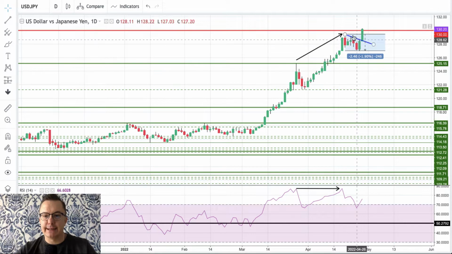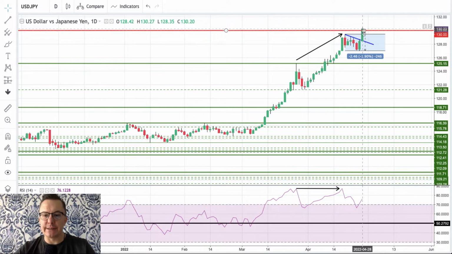That was yesterday, and then today breakout above short-term trend line and towards the level 130 round level. This level is of course now the highest level on the chart in years. 130.27 is the higher high here on the US dollar to Japanese yen daily time frame chart.